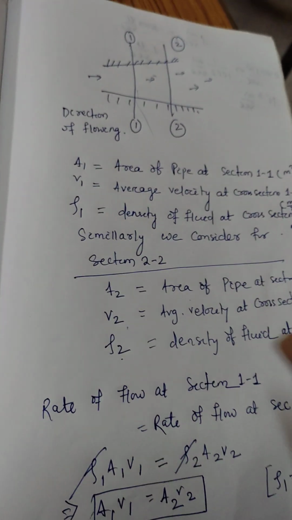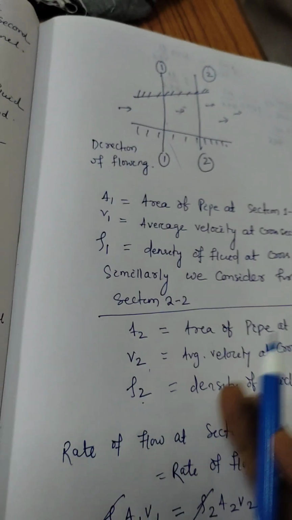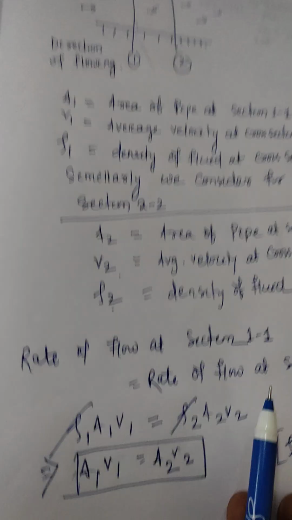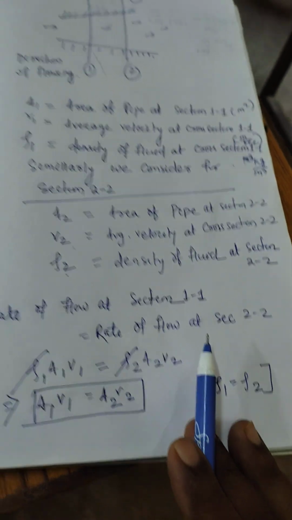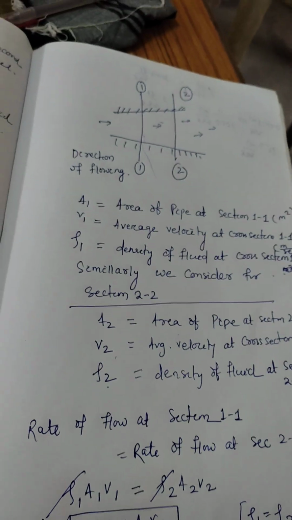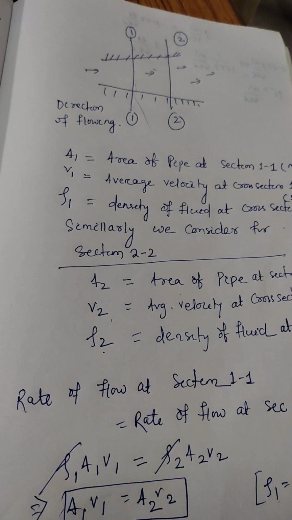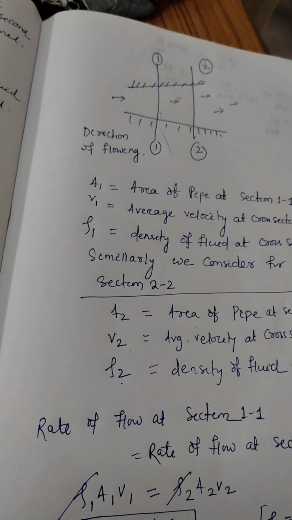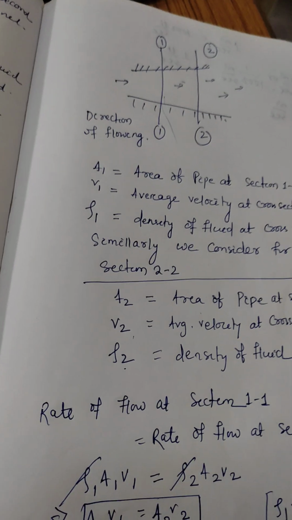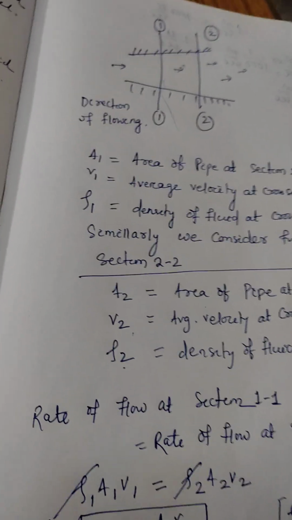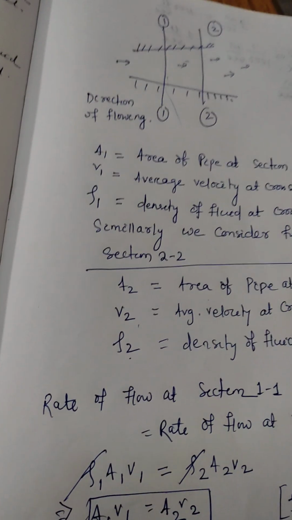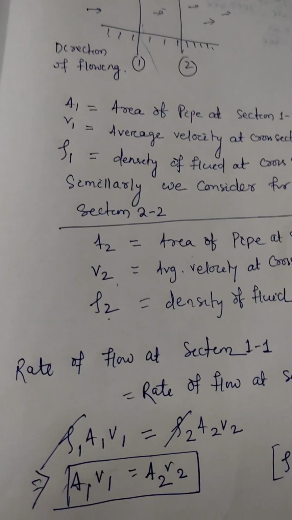According to conservation of mass, flow at section 1 equals flow at section 2. So rho 1 A1 V1 equals rho 2 A2 V2. Rho cancels because the same fluid is flowing. In the case of compressible fluid, the density changes. For incompressible fluid, the density is the same at sections 1 and 2.